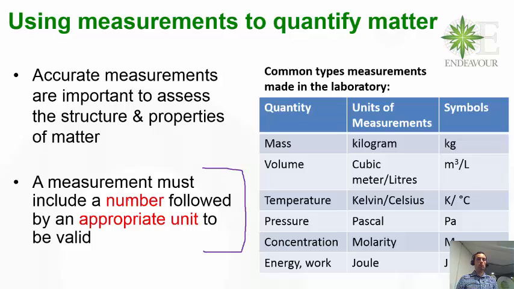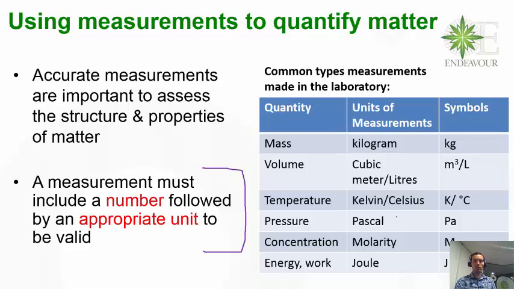We need both of those to make that meaningful. If you just had the number alone, it wouldn't mean anything. If you said it was going to take you 30 to get to work, no one would know what you mean. Do you mean 30 seconds, 30 minutes, 30 hours? They might presume minutes, but they might be wrong. So having the number and unit together is what we need for a measurement to be useful and valuable.